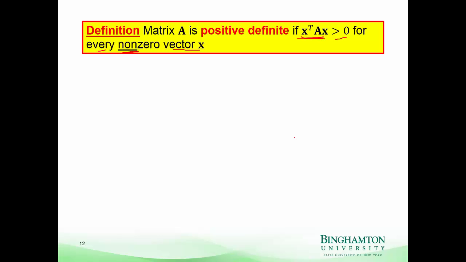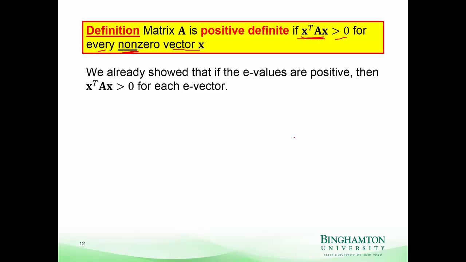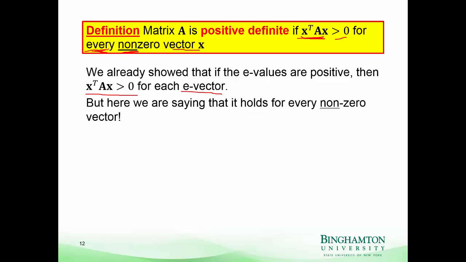So this has to be greater than 0 for any non-zero vector x. Beautiful. Okay. So we already showed that if the eigenvalues are positive, then this is true for each eigenvector. But now we're saying it must be true for every non-zero vector x. That's what we're saying here. Must hold.